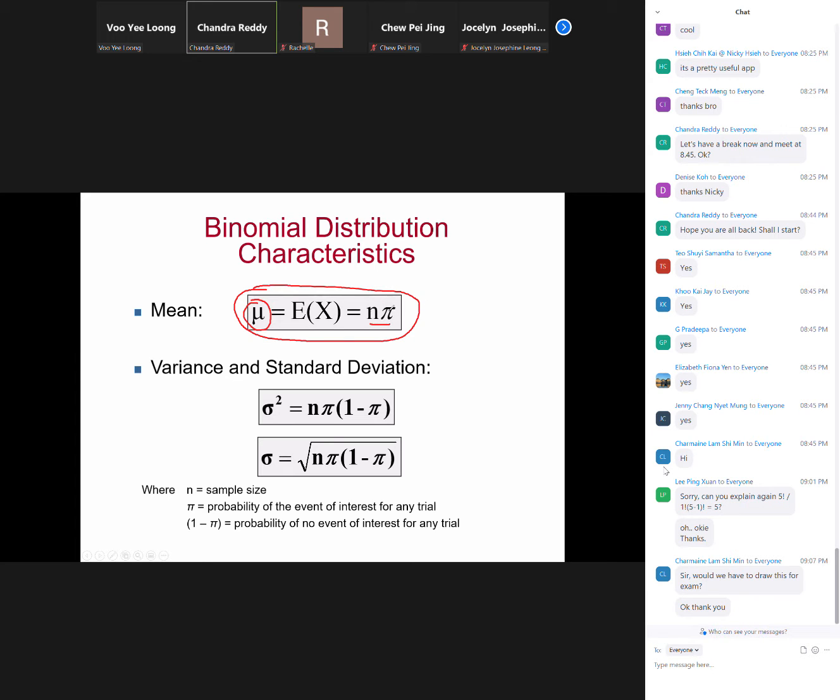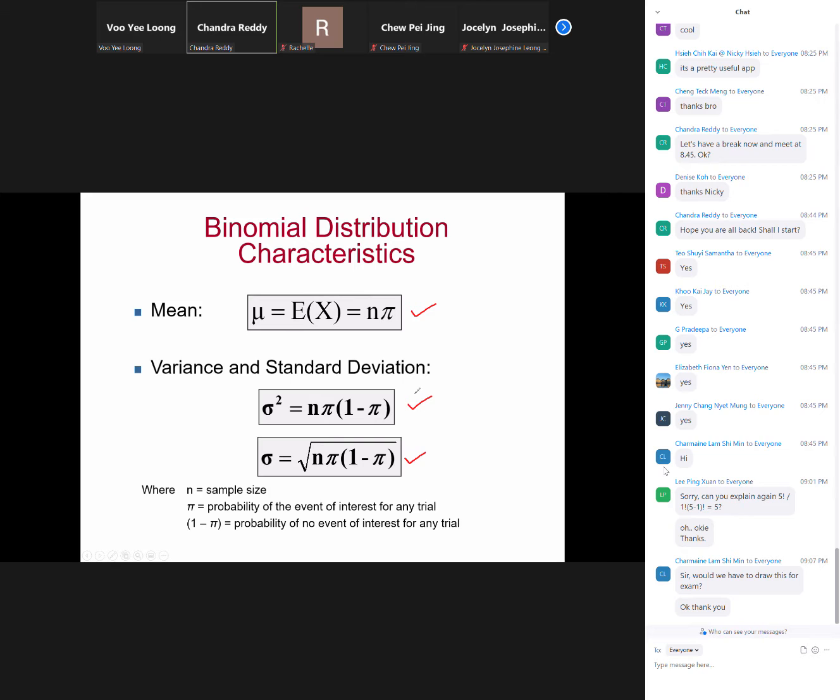The variance, sigma square, is n into pi multiplied by 1 minus pi: sample size multiplied by the probability multiplied by 1 minus the probability. If you take the square root of the variance, you will get the standard deviation. So standard deviation sigma is the square root of the variance. This is how we calculate the mean, variance, and standard deviation for binomial distributions.